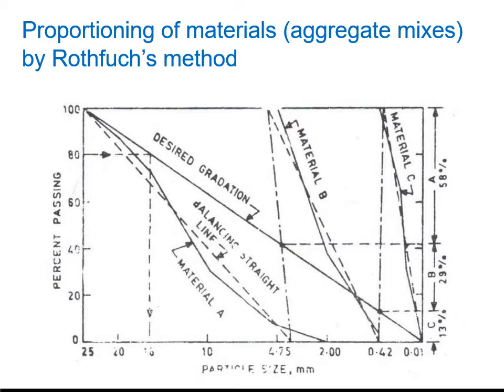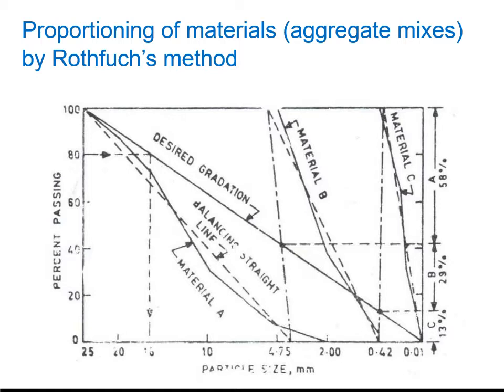These materials need to be mixed together for obtaining the desired or design gradation. A design gradation specifies the coarser aggregate and fine aggregate to certain percentages, but that is not possible from the source which is locally available for construction.